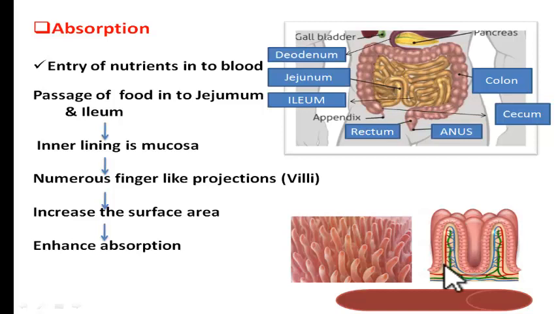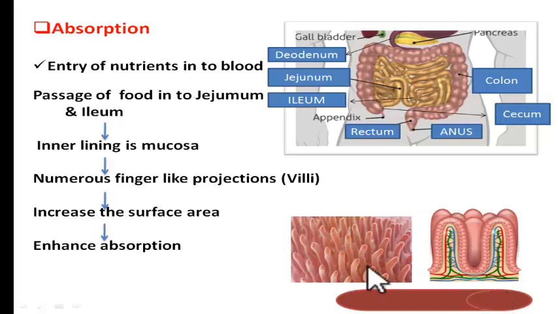Now how exactly does this absorption take place? Students, consider this as a small bit of jejunum or ileum. So this is the inner layer of jejunum or ileum. This inner lining is not smooth. It is thrown into finger-like projections.